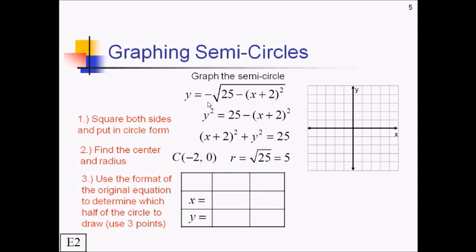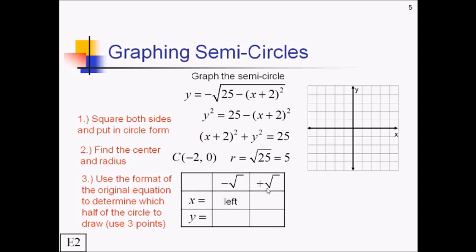And on the right side of these equations, you're always going to have either a negative square root or a positive square root. And depending on which combination of variable and sign you have, that tells you which half of the circle to draw. So for example, if you have an x equals negative square root, that means you have a left-right semicircle, and since it's negative, you're going to draw the left half of the circle.